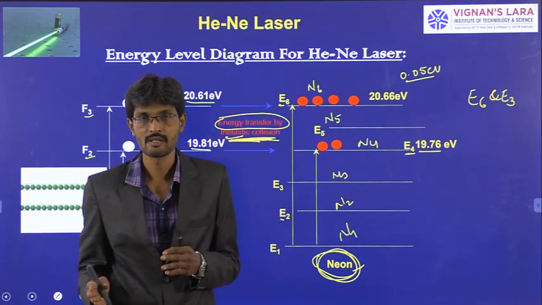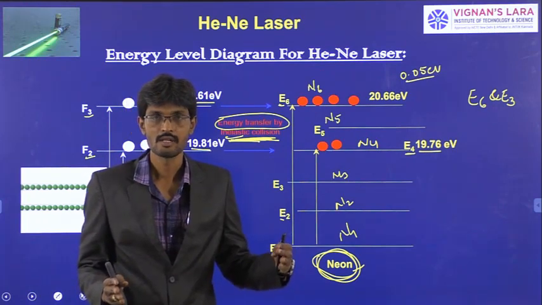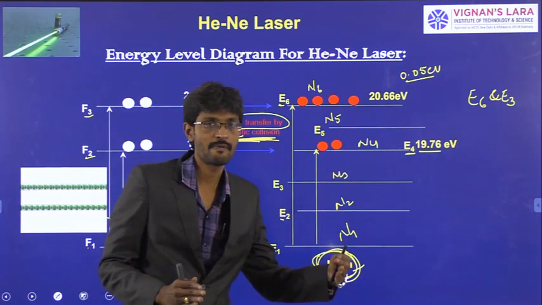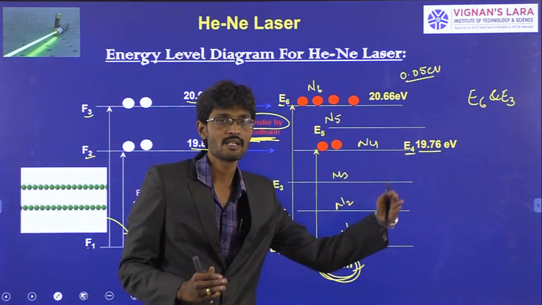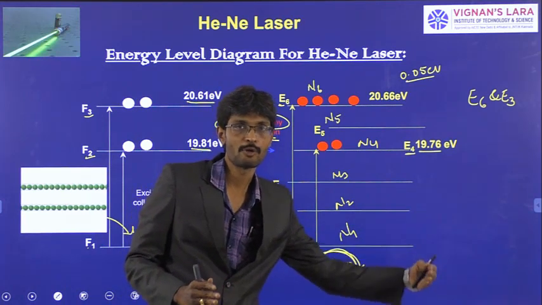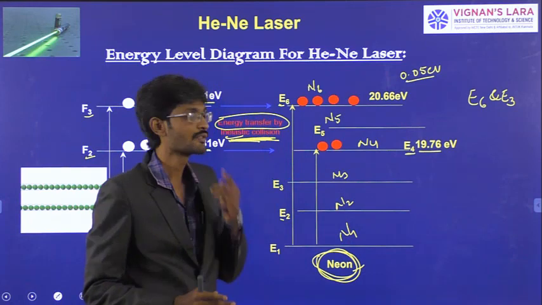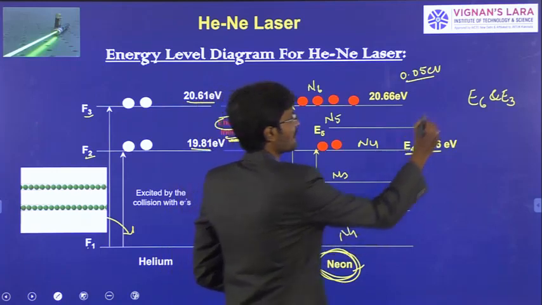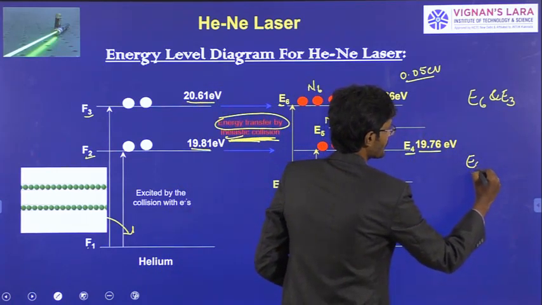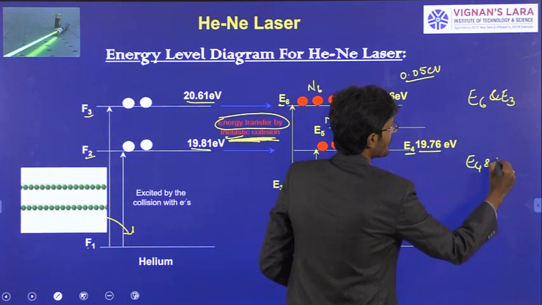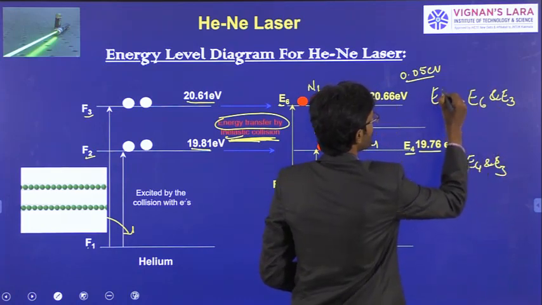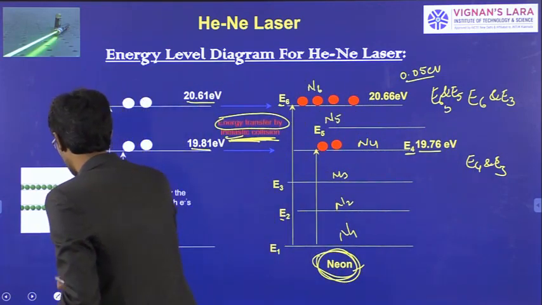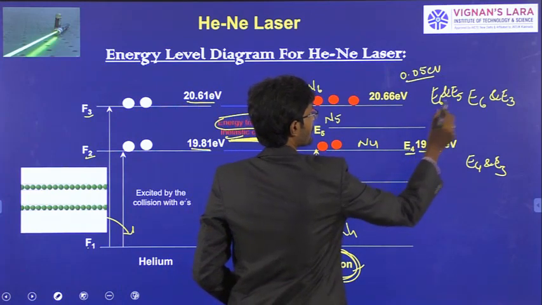First absorption takes place, and they go to the metastable state, and initially spontaneous emission will start. With the help of the photon emitted by spontaneous emission, we start stimulated emission, the photon density increases, and laser will be emitted. So the lasing action will take place, that means stimulated emission will take place between E6 and E3, E4 and E3, and E6 and E5. Between these three pairs of states, the stimulated emission will take place.